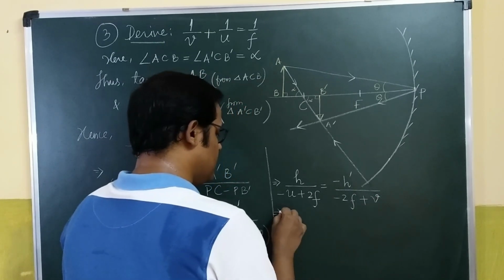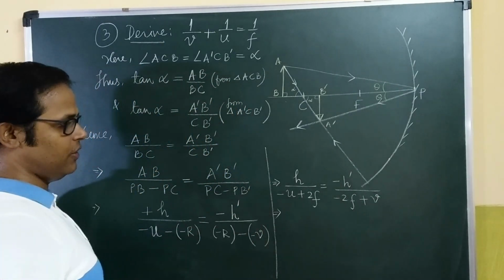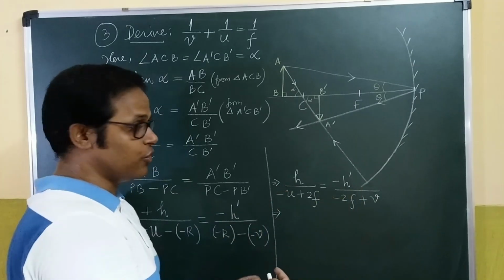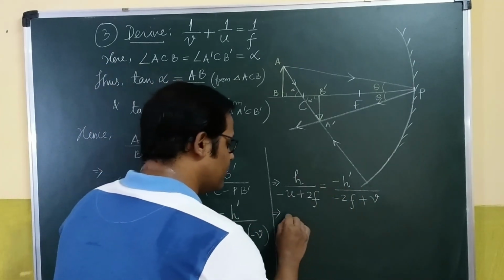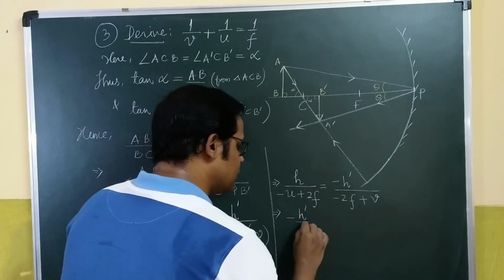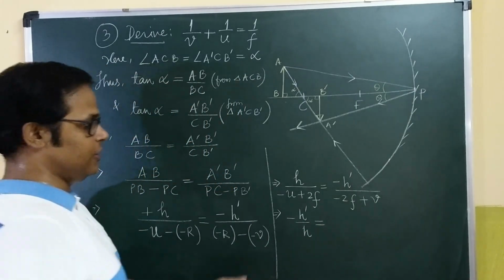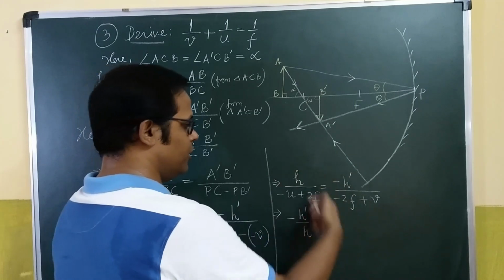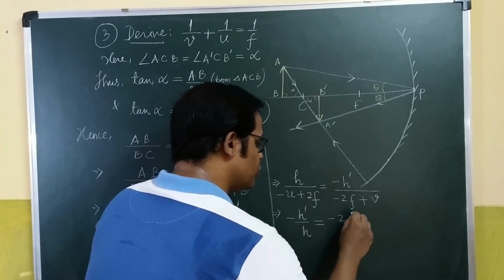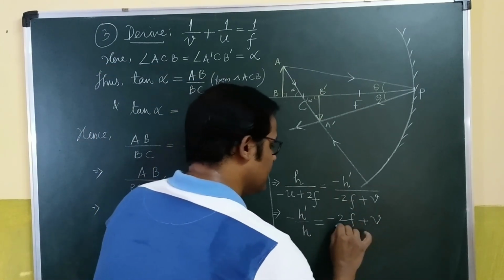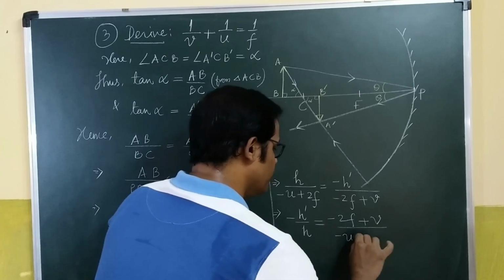Simple. So now we can just carefully observe h dash by h was known to us. So let us write it that way. Minus h dash by h should be equal to minus h dash by h. This by this should be equal to minus 2f plus v by minus u plus 2f.